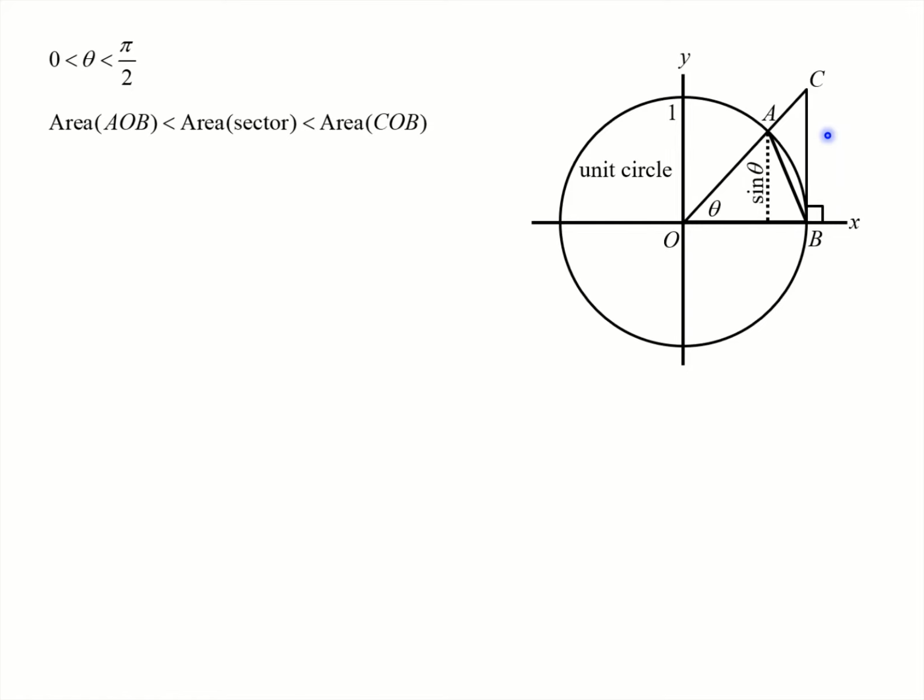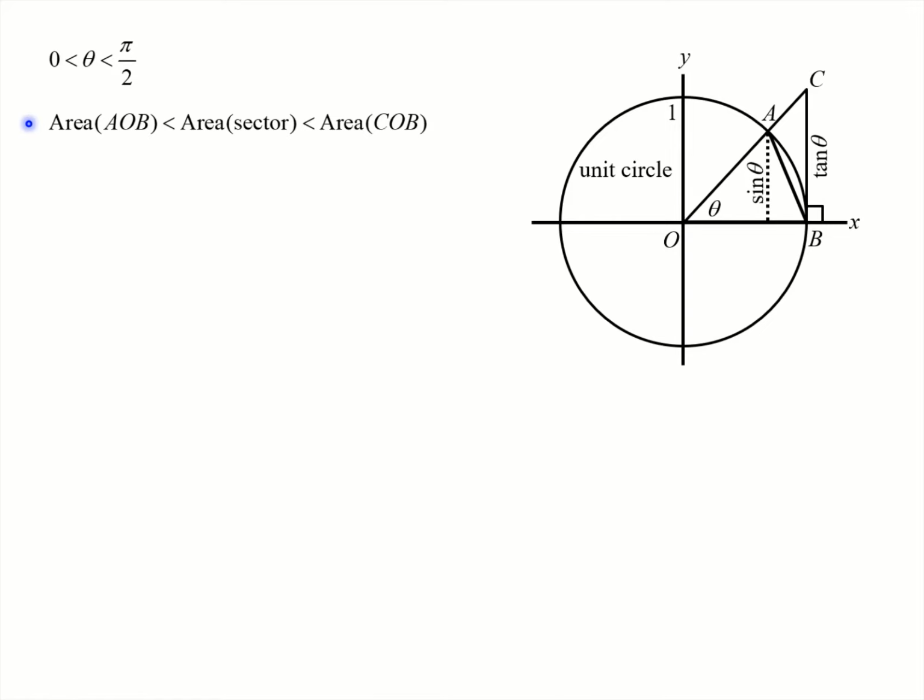The adjacent is 1, so tangent theta is opposite over 1, or tangent of theta is the opposite. So I can label BC tangent theta. For some of you, that might be the worst part of this PowerPoint, is when we did that.